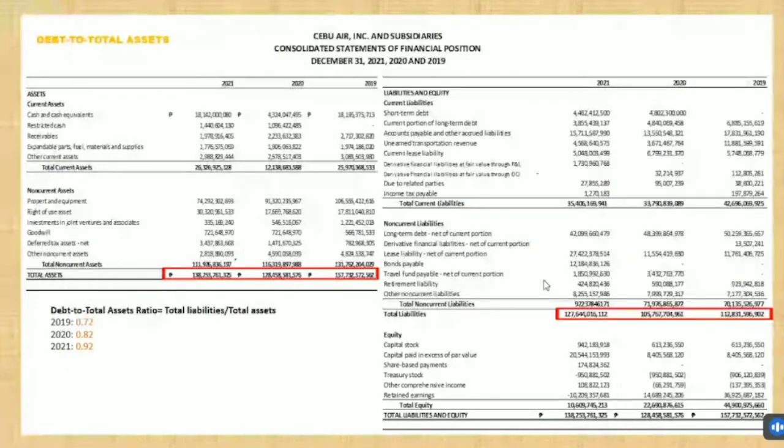Mas mataas siya sa 0.6 na preferred natin, and worrisome na tumataas siya per year kasi nga nagde-depend yung company sa pag-uutang sa creditors to survive and further grow. This means that the percentage of the total funds provided by the creditors is rising, which could impliedly mean that the company is not safe or has high financial risk.